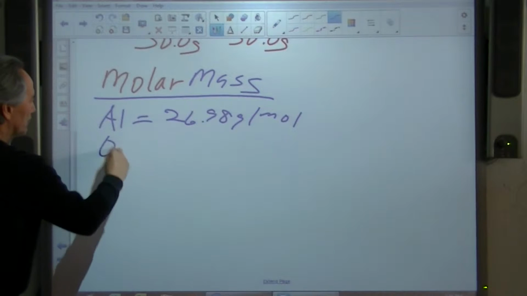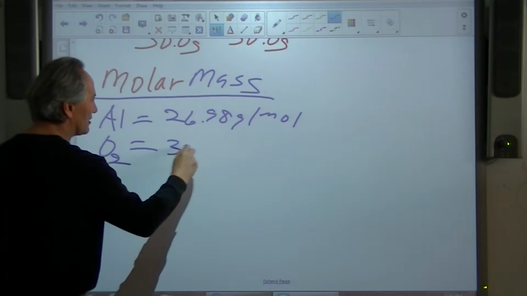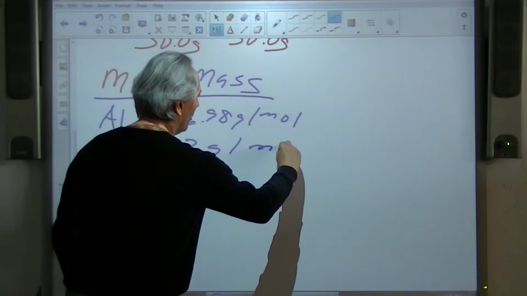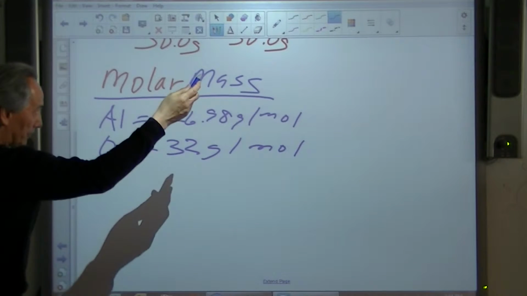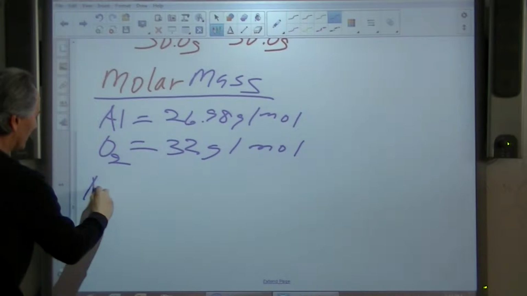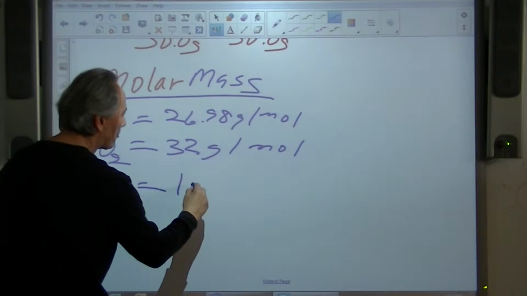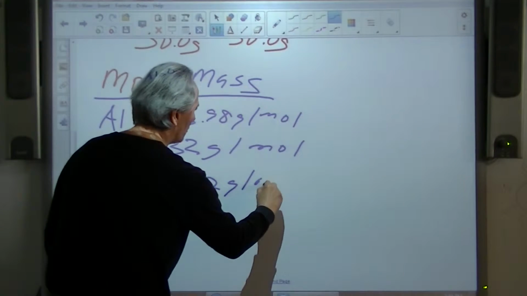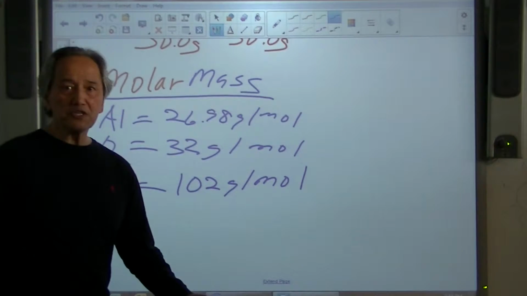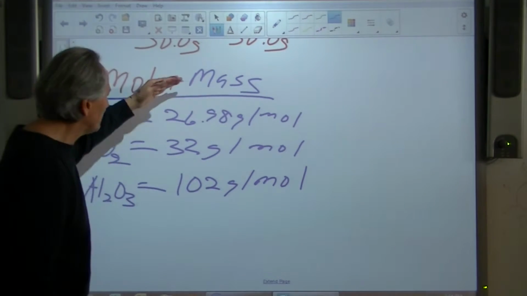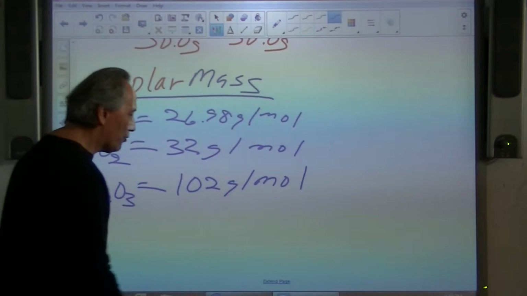The second reactant, which would be diatomic oxygen, is 32 grams per mole. And then the product, or the unknown, which is the aluminum oxide, has a molar mass of approximately 102 grams per mole. We're good to go at this point. We've identified what the molar masses are. Okay, what's our next step?